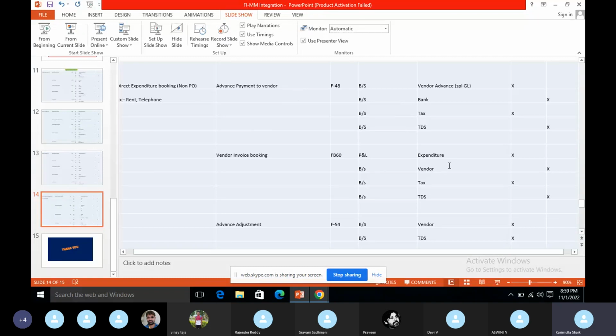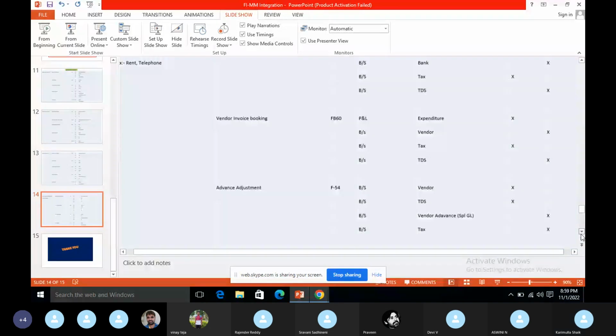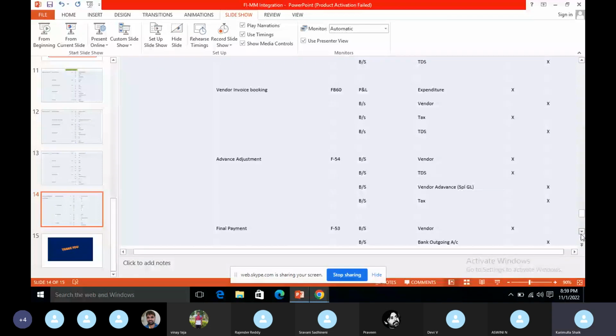Vendor invoice booking will be in FB60. Here, expenditure will be debited. If you have any GST, that will be debited. Vendor account will be credited. Other than that, the rest of the entries will be the same as I have mentioned above. And the final entry will be vendor account debit to bank outgoing credit.